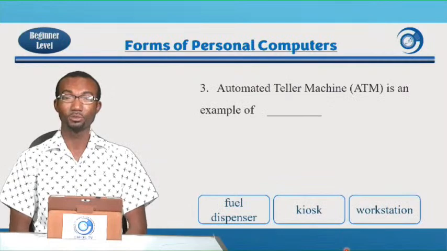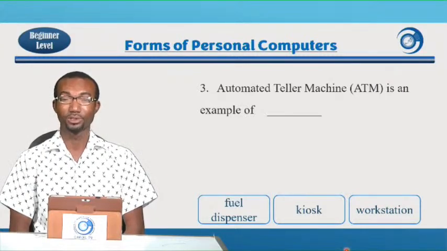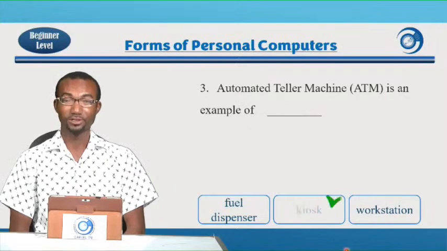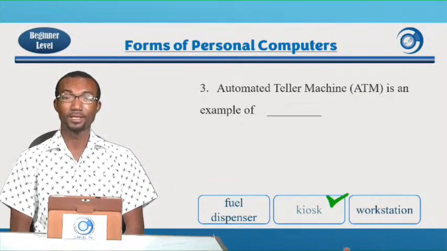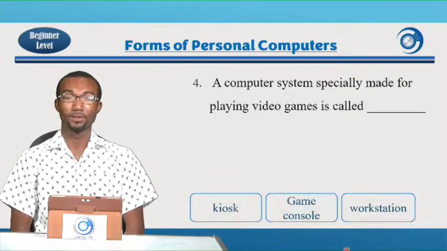3. Automated teller machine, ATM, is an example of: fuel dispenser, kiosk, or workstation? Kiosk, very good. The answer is kiosk. So ATM is an example of a kiosk computer. 4.